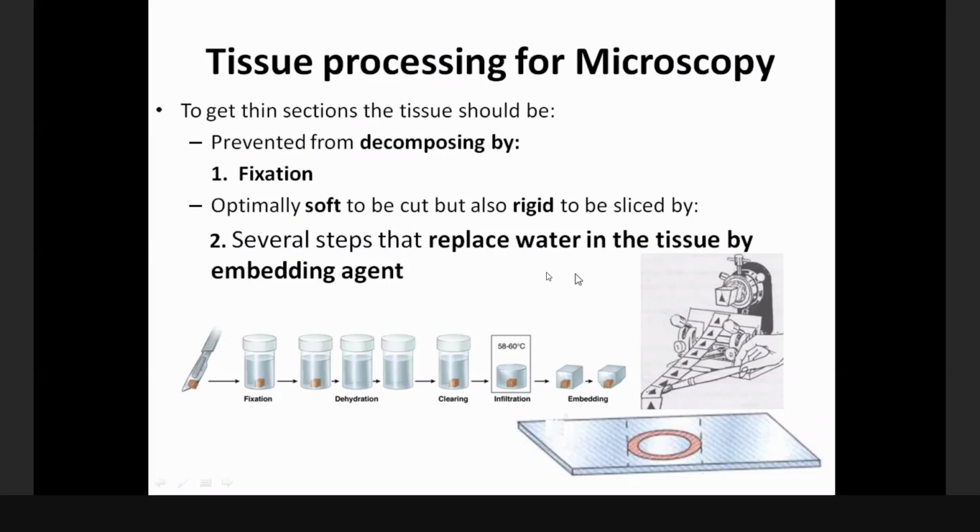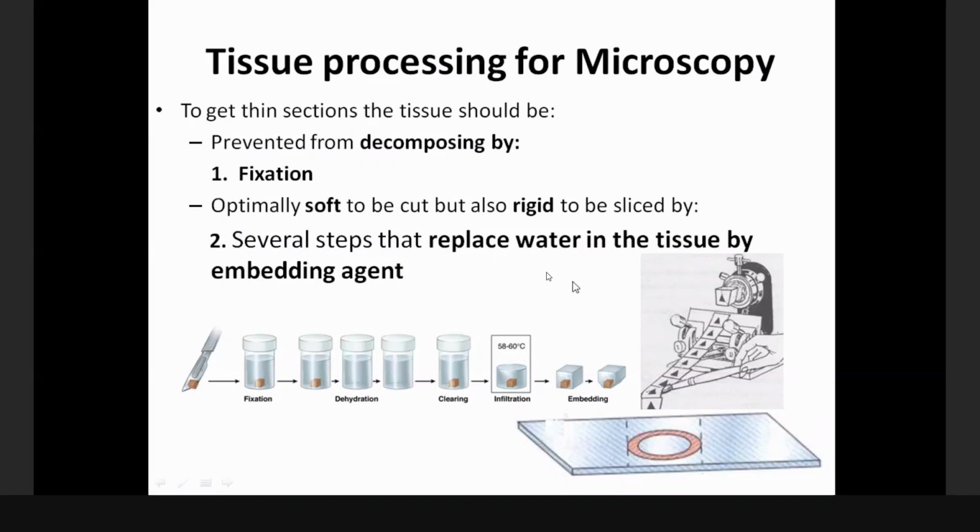I didn't ask you earlier, but if I asked you whether we can or cannot get a thin section from a candle, you would have answered a candle is even optimum and it is more suitable to be sliced than carrot or potato. So what we do for light microscopy is replace what is present in our tissue by wax, like a candle. And you can now think a candle can be sliced.